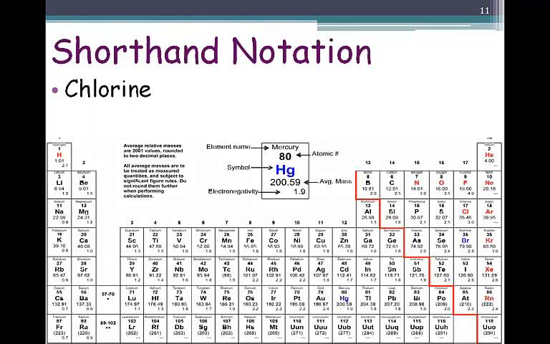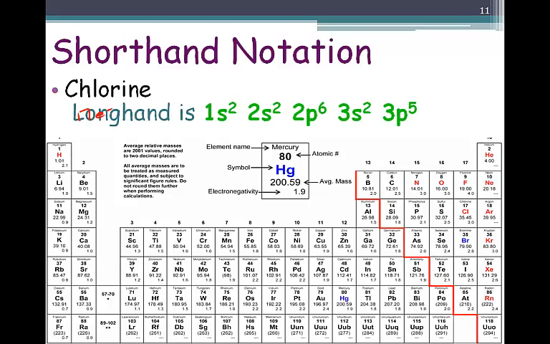So if we look at chlorine, chlorine has 17 electrons, so its electron configuration is 1s2, 2s2, 2p6, 3s2, 3p5. This 2 and 2 is 4, plus 6 is 10, 12 plus 5 equals our 17 electrons.